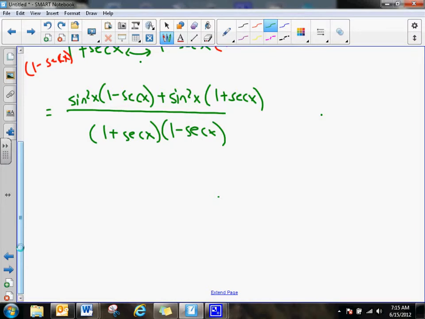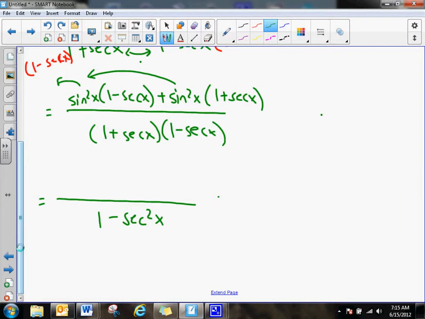How can we simplify this? Well, we can definitely rewrite the bottom as 1 minus secant squared of x, just by foiling that. And that's why it was set up so we can get there. I'm hoping that that's a Pythagorean identity. On the top, however, we can pull out a sine squared. I love to factor out sine squares.